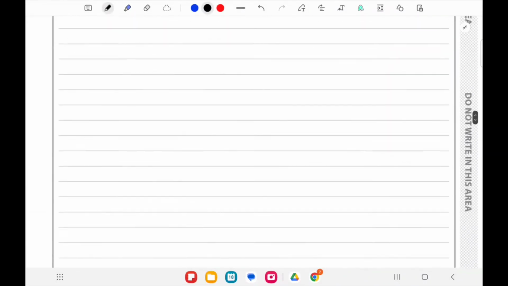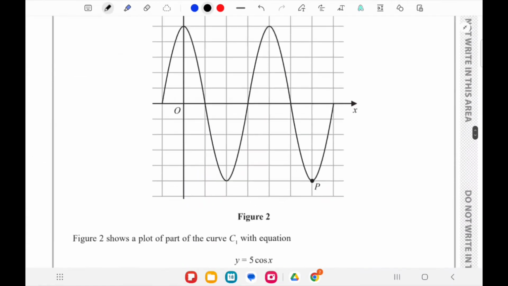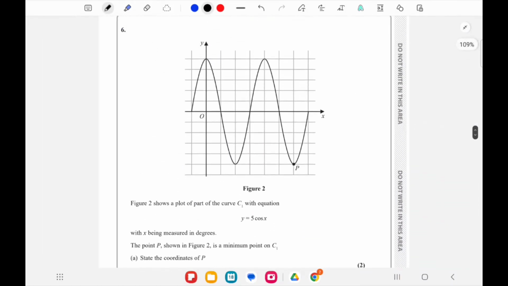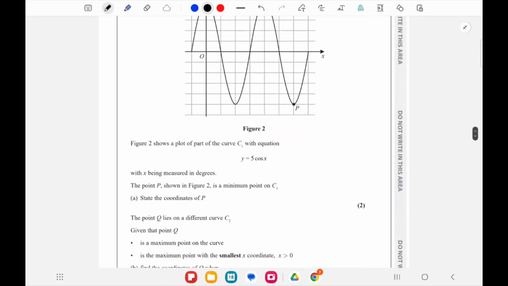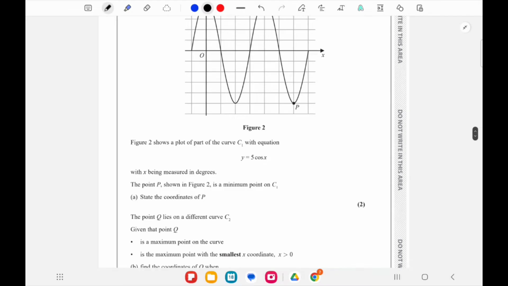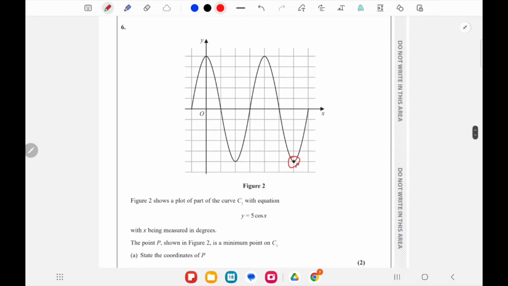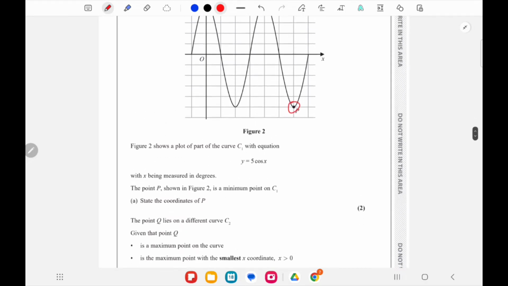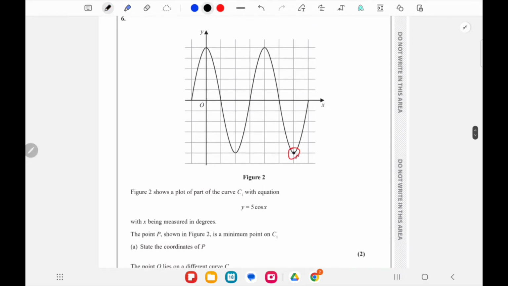Now moving on to question 6. We are given a graph of 5 cos x. Now there's a minimum point on C1. So this is a minimum point. We have to find the coordinates. So we know the y coordinate would be minus 5.